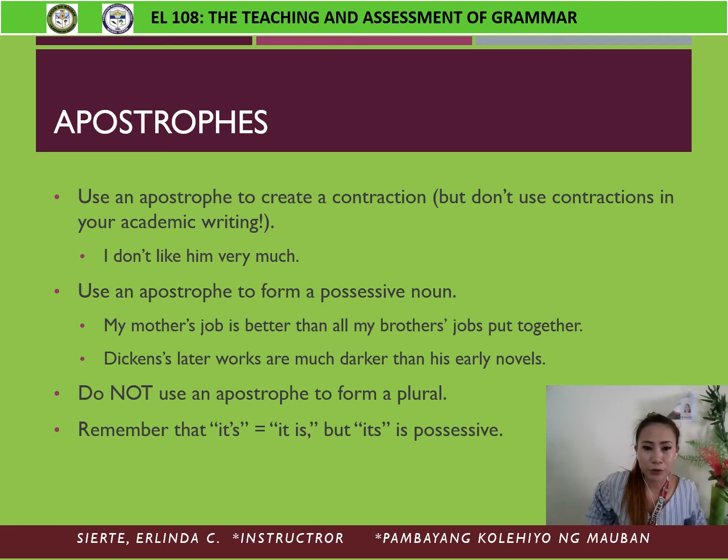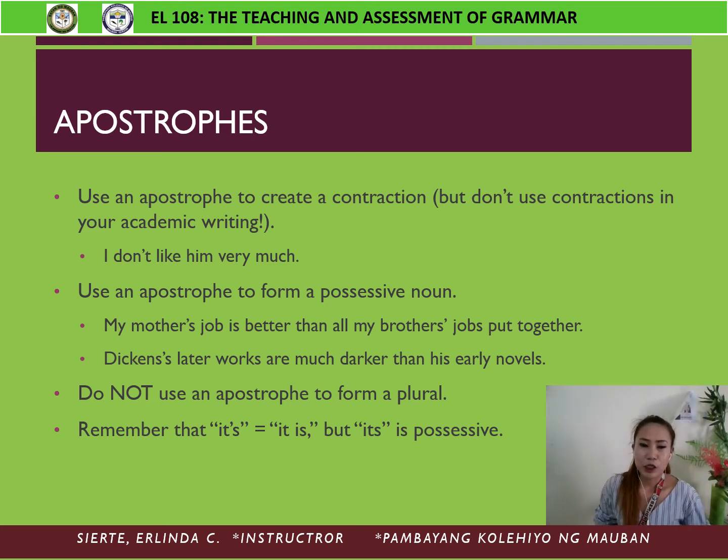Then use an apostrophe to form a possessive noun. Example: My mother's job is better than all my brother's jobs put together. Okay, so we use the apostrophe, instead of saying the job of my mother is better than all my brother's jobs put together.